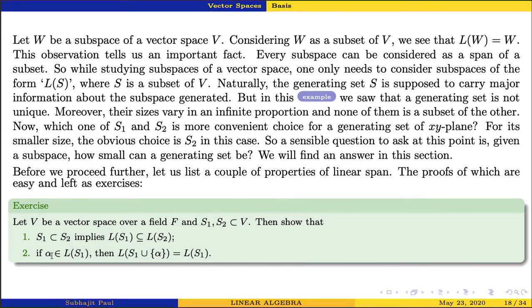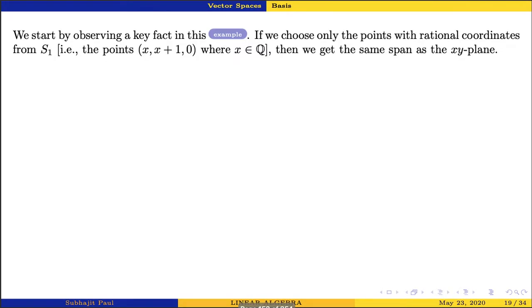Okay, so alpha is coming from the span of S1, and if you add that vector alpha to S1, you do not get anything extra in the linear span of the new set. Fine. So these two exercises we are going to use in today's lecture. So let's proceed.